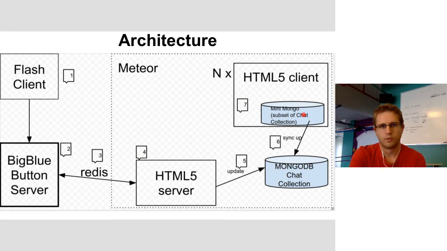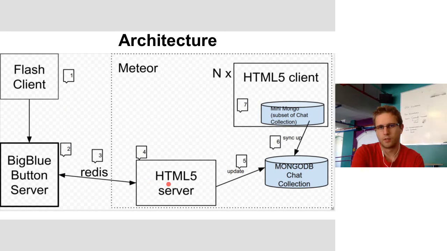Typically, when a viewer HTML5 client is running, we have the following flow of events. Let's say the presenter changes a slide. What will happen is we'll send a message from the Flash client, where the presenter changes the slide, to the BigBlueButton server, and then through Redis, we'll read this message to the server part of the HTML5 client.